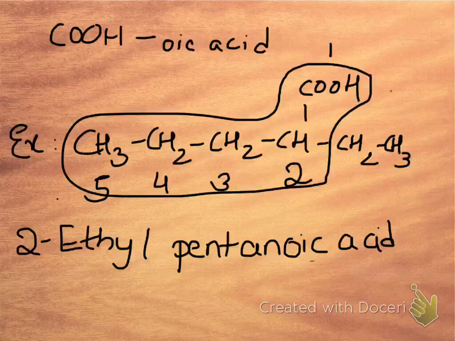If the secondary suffix is not starting with a vowel but starting with a consonant, then the E should not be removed. This is the rule. So now I showed you one example with COOH, or oic acid.